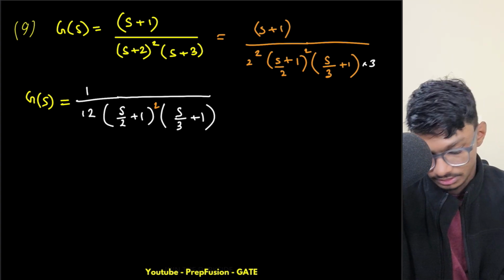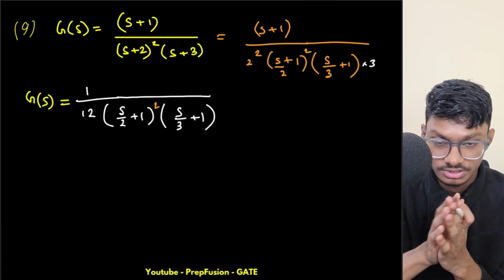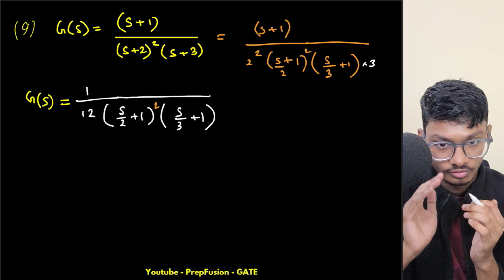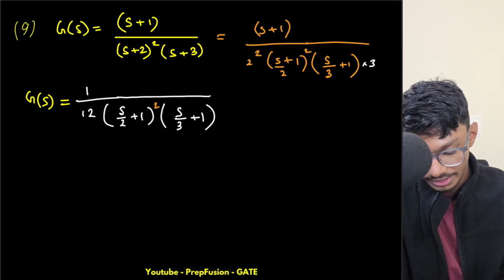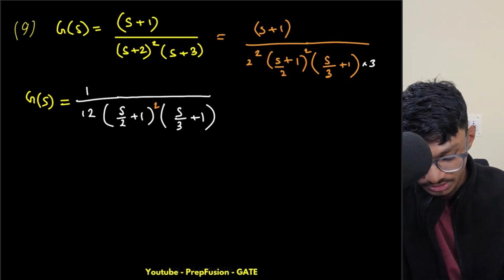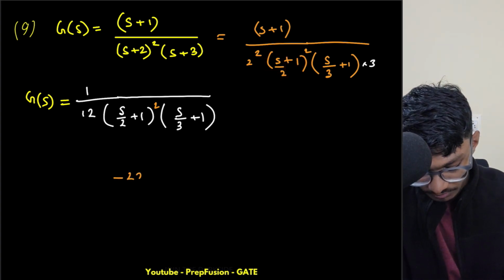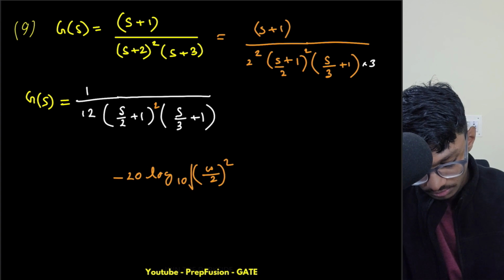You might say, sir, it was at origin, but this is not at origin. For origin, the slope will change. No, the slope won't change. If you want to understand this, let's only write the magnitude for this one. This is the denominator, so obviously minus 20 will come: minus 20 log 10 of omega by 2 whole square plus 1.